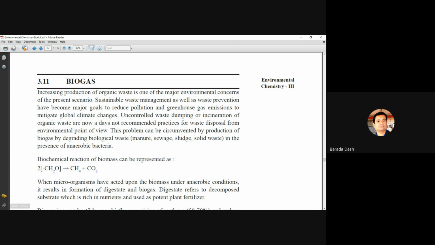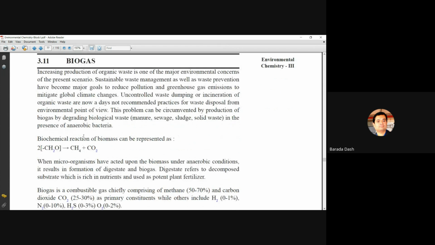Uncontrolled waste dumping or incineration of organic waste are nowadays not recommended practices for waste disposal. This problem can be circumvented by production of biogas by degrading biological waste in the presence of anaerobic bacteria.